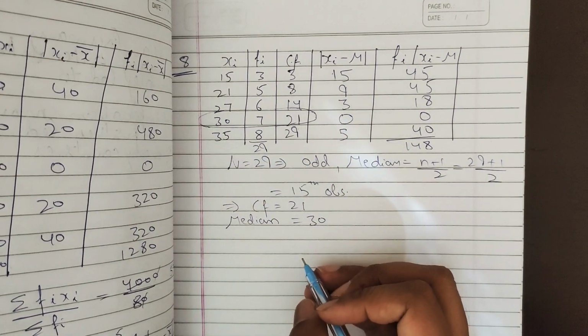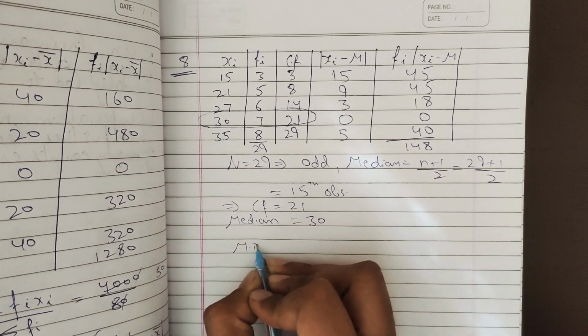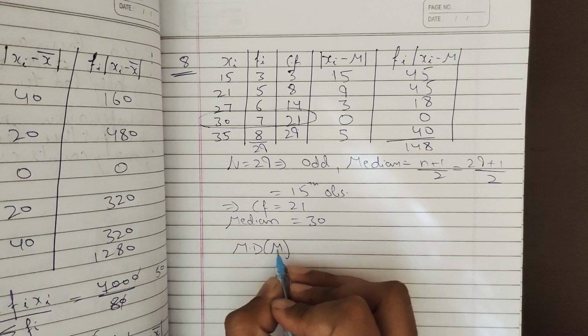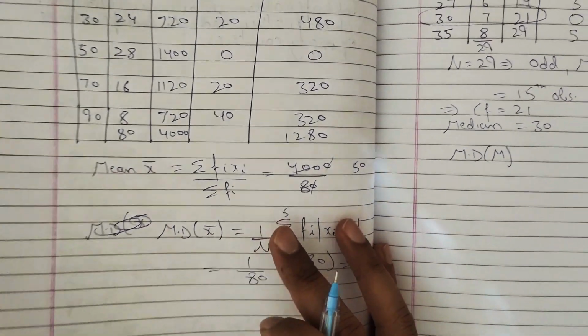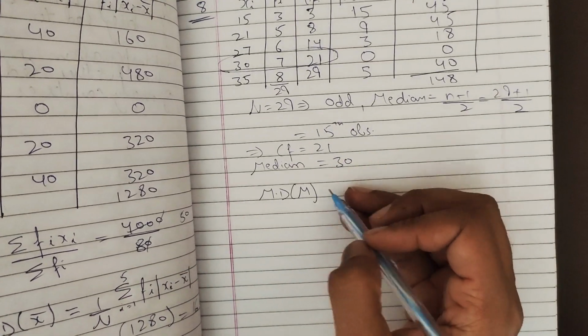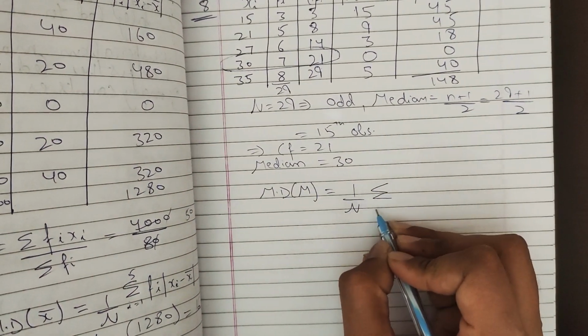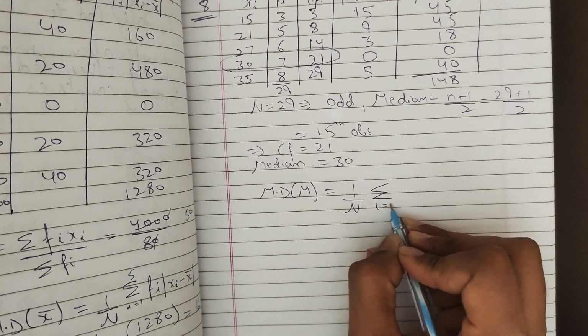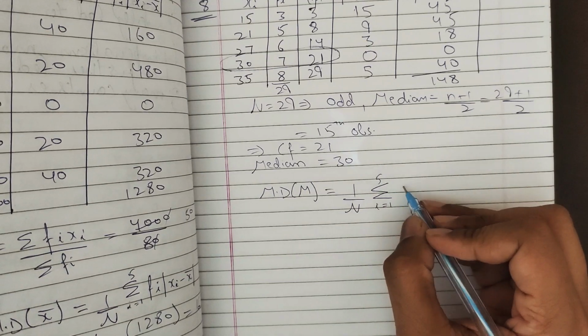So now let's use the formula for mean deviation about median. About median means you have to write M here. About mean means you have to write x bar here, right? So mean deviation about median is equal to 1 upon n sigma, where i goes from 1 to the total number of observations, which is 5.